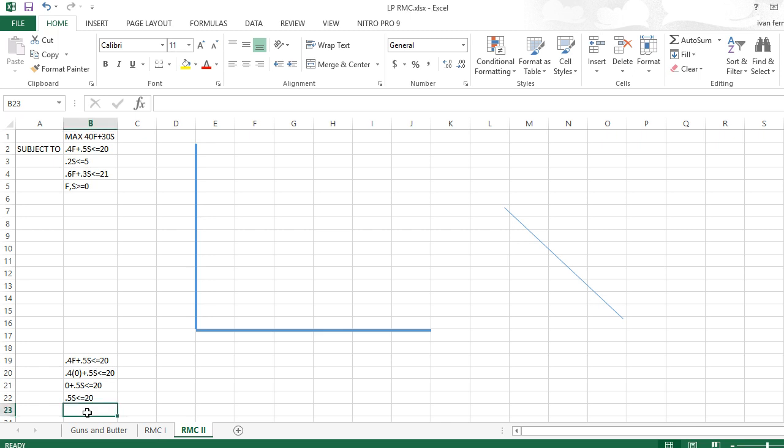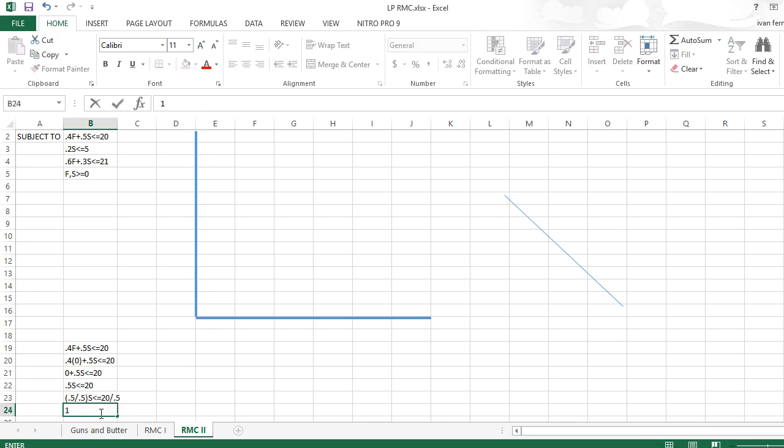So 0.5 is multiplying, so if you divide both sides by 0.5, you get 1s less or equal to 40.